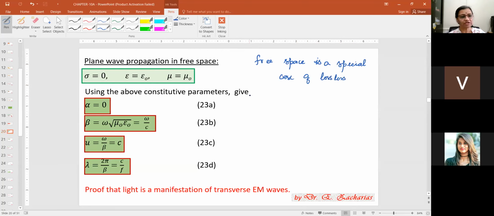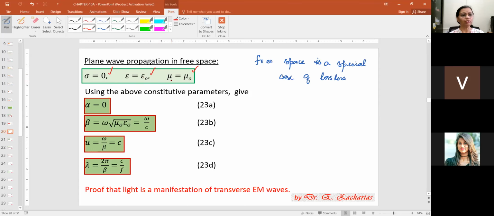Why am I saying it's a special case of lossless? Because you can already see that sigma equal to 0 is lossless. Next, special case because in a general situation, you wrote epsilon and mu are not epsilon naught and mu naught respectively. But when you come to free space, epsilon equal to epsilon naught, mu equal to mu naught.